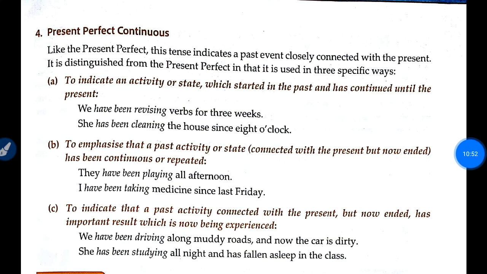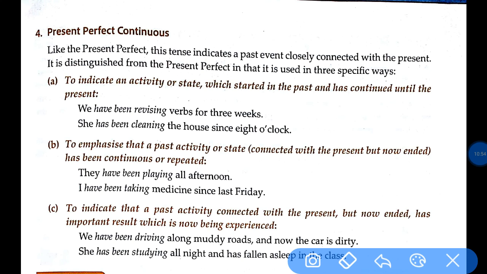Now let us see the fourth form, the present perfect continuous tense, the last one. Like the present perfect, this tense indicates a past event closely connected with the present.